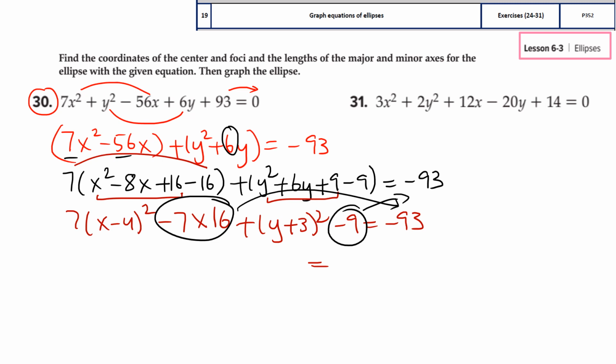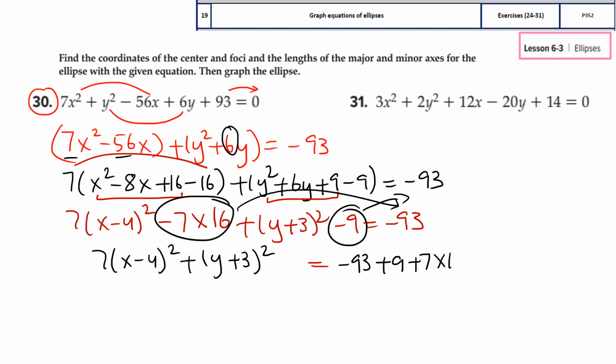So it will become positive, and I'm left with 7 times x minus 4 whole square plus y plus 3 whole square here. So when I do the calculation, minus 93 plus 9 plus 7 times 16, this whole thing you can just plug it in your calculator, it will be 28. So we divide by 28.